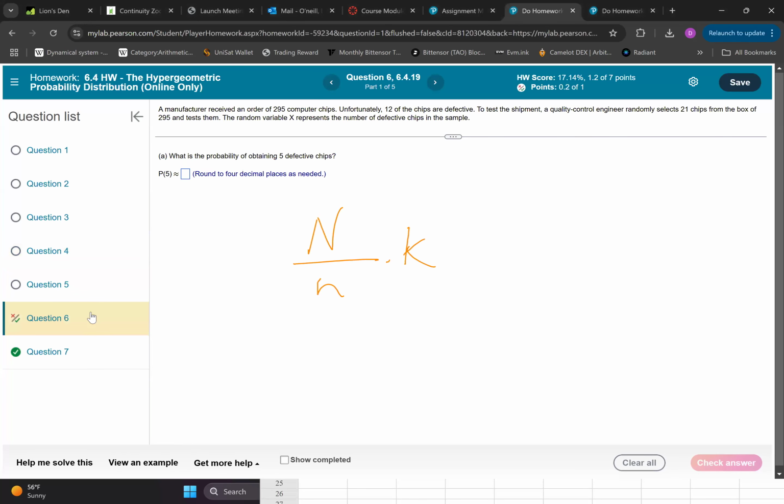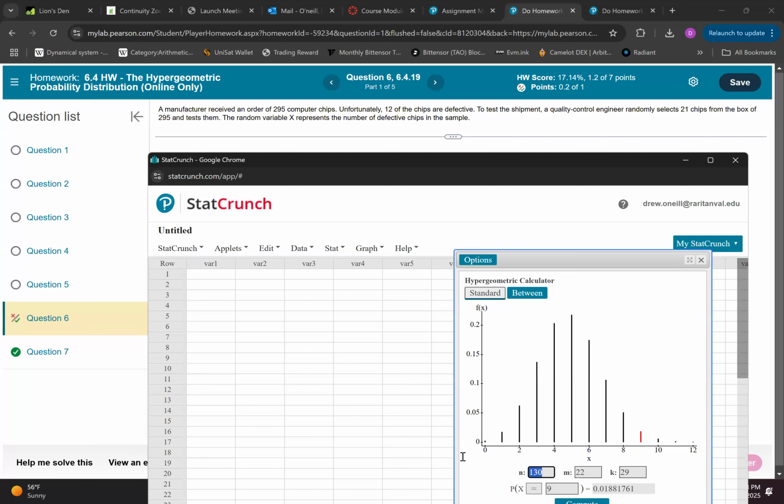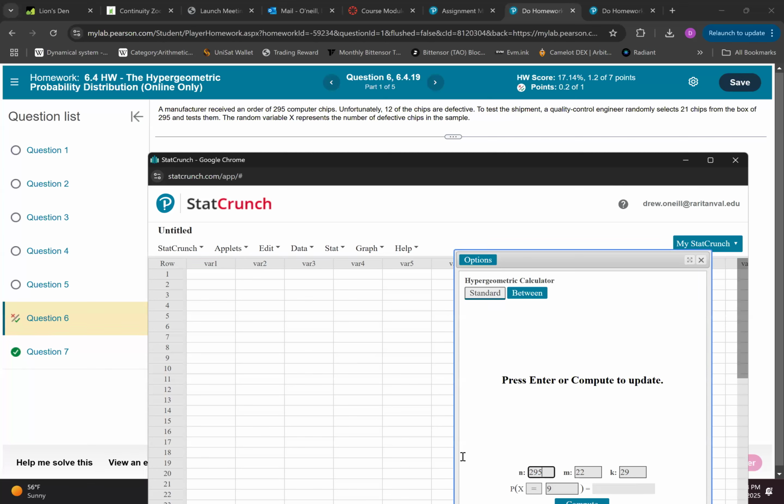Question 6. Now we have to apply this. Let's go into StatCrunch. This is kind of like the question we skipped, question 2. We're testing 295 chips. Where's it asking for probability?